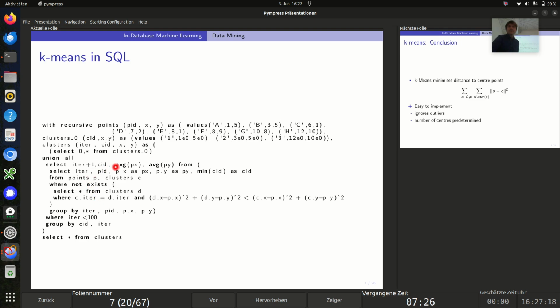And here I will recompute my new centers. And I terminate after 100 iterations. So you can see that it is possible to model k-means also in SQL, although it might not be as fast as it should be, but you can see how powerful SQL is.